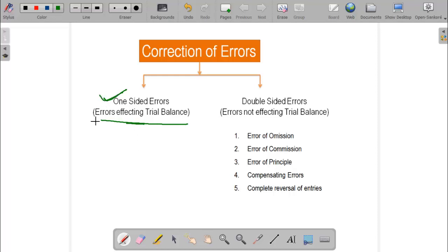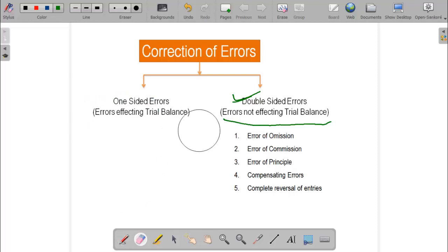One-sided error means such errors which affect the total of trial balance. And double-sided error means in spite of the error, the total of trial balance will agree. It means double-sided error will not affect the total of trial balance. Getting my point?